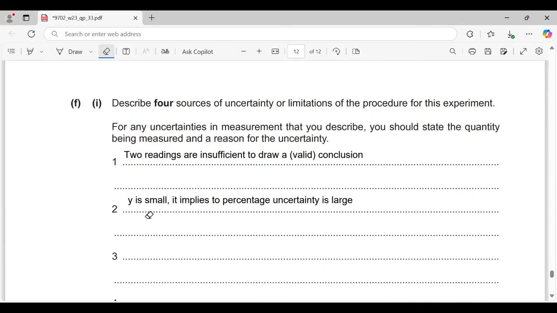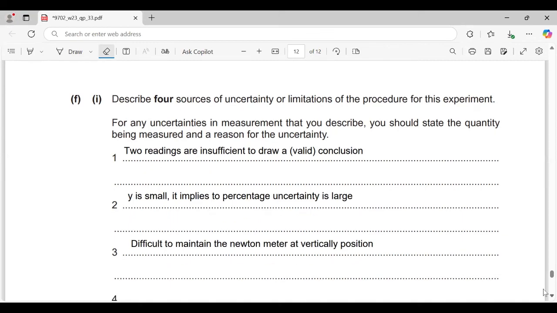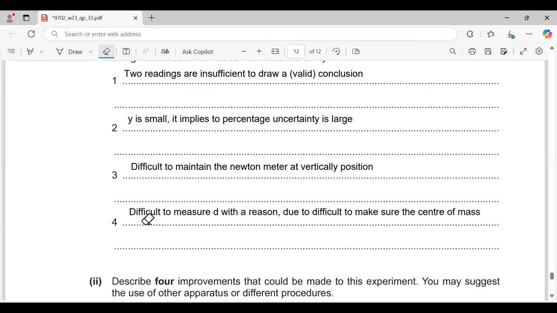Second, y is small, which implies the percentage uncertainty is large. The third, it is difficult to maintain the Newton meter in a vertical position. And the fourth, it is difficult to measure D, due to the difficulty of making sure of the center of mass.